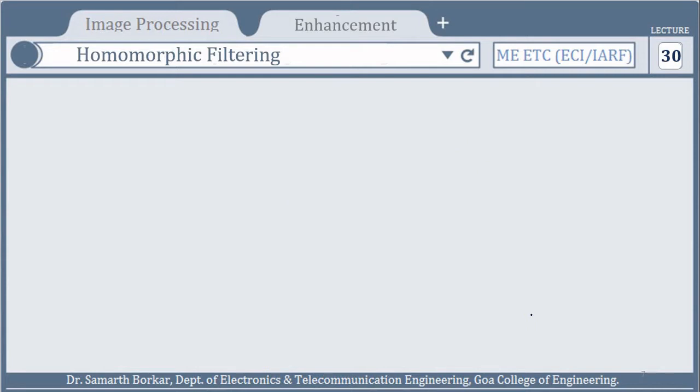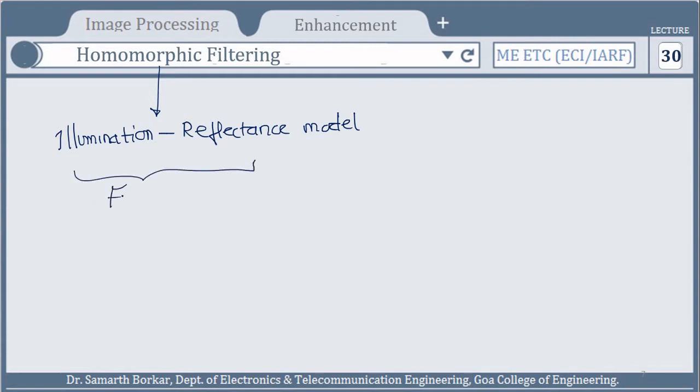Now this homomorphic filtering uses this illumination reflectance model to filter the images in the frequency domain.